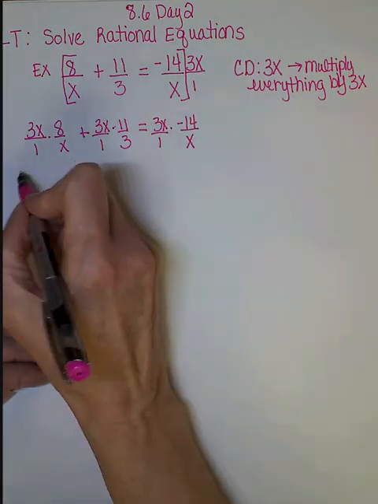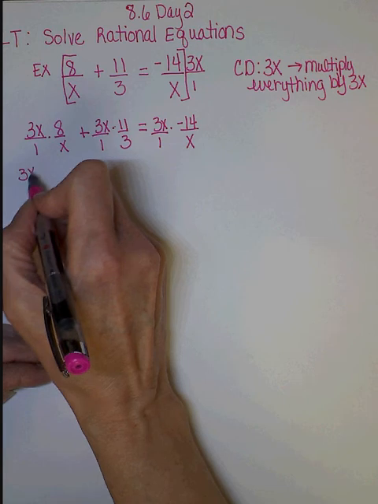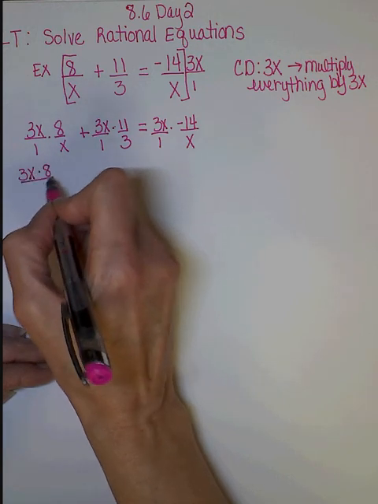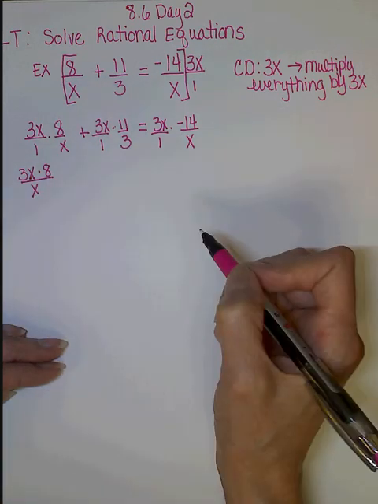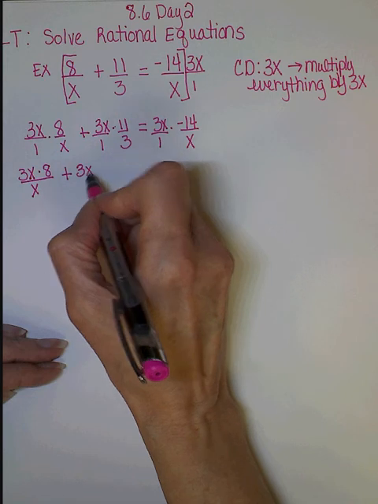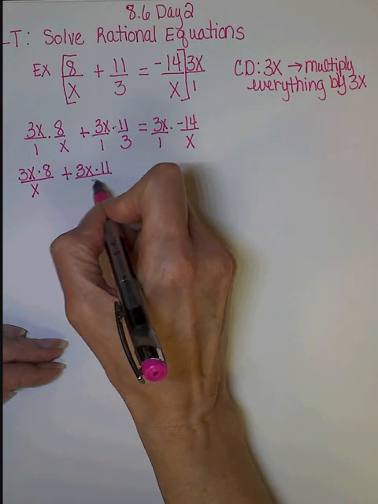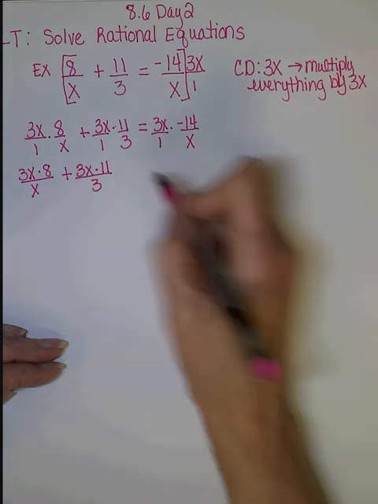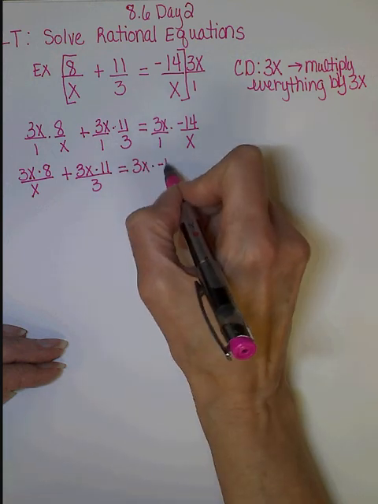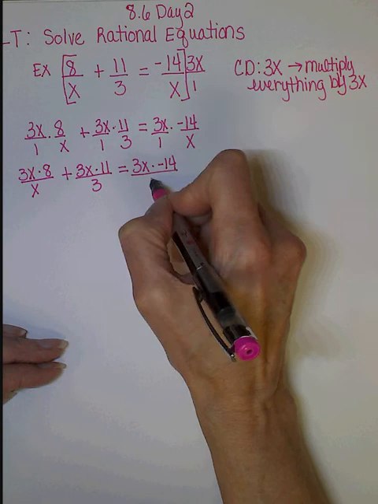Okay, so then I'm going to have 3x times 8 over x, because 1 times x. And then I'm going to have 3x times 11 over 3, because again we're just multiplying by 1. And then 3x times negative 14 over x.